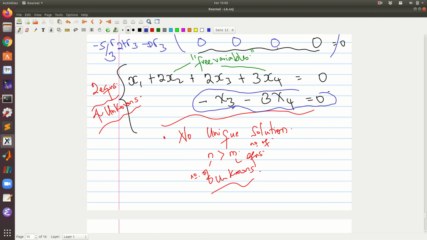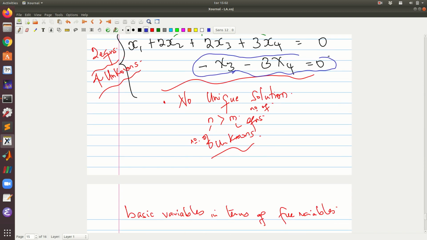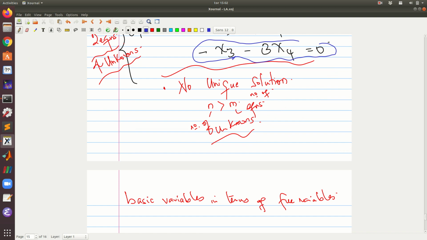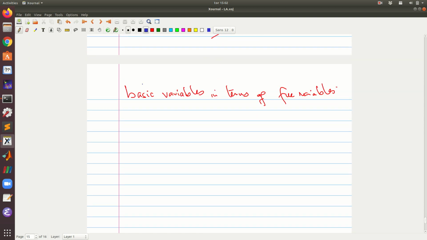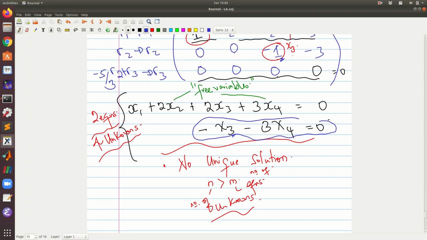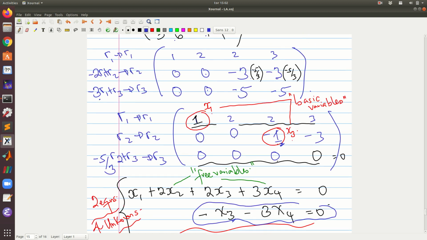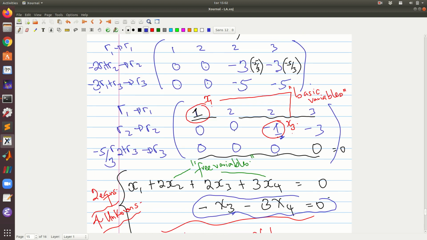So we shall write x3 in terms of x4, and no prizes for guessing that x3 equals 3 times x4. Just a minute.